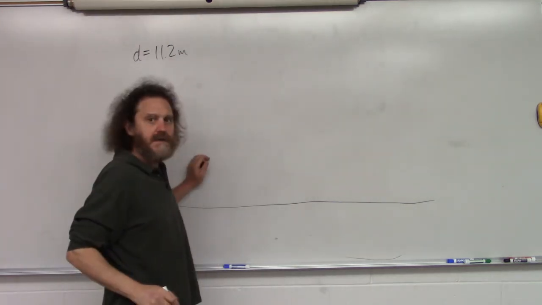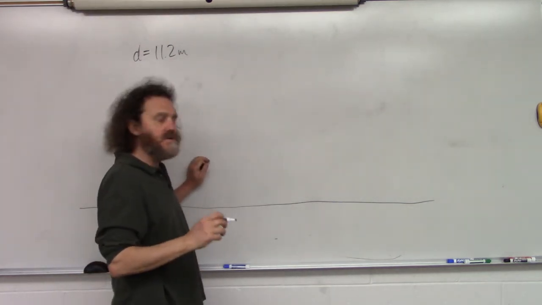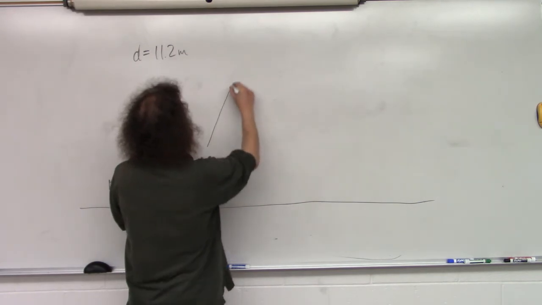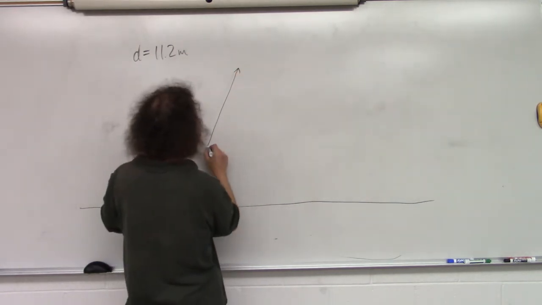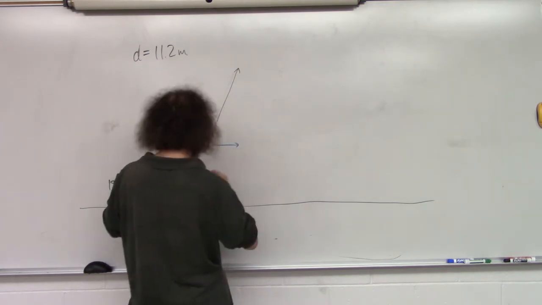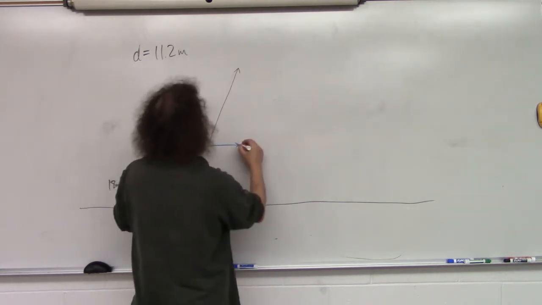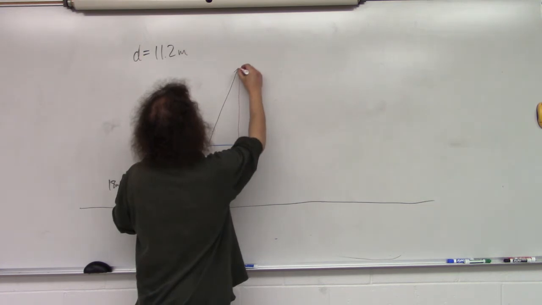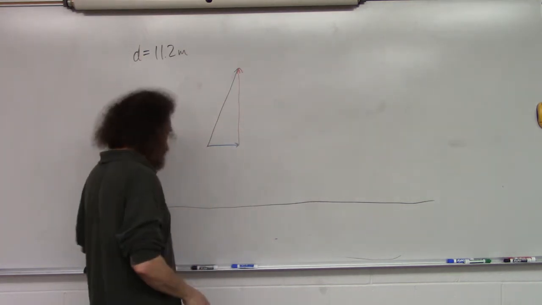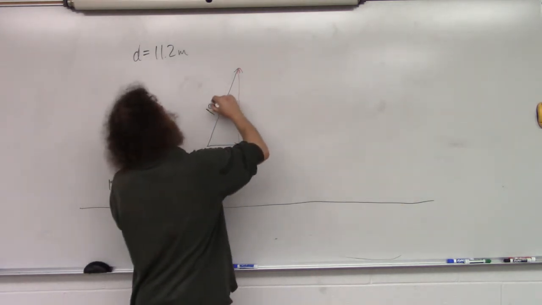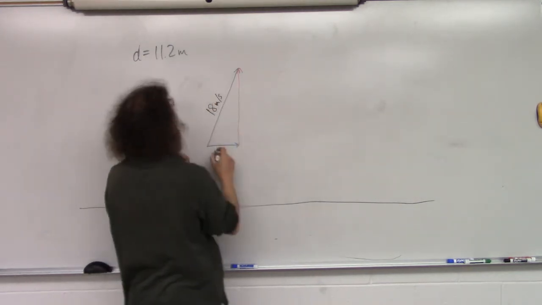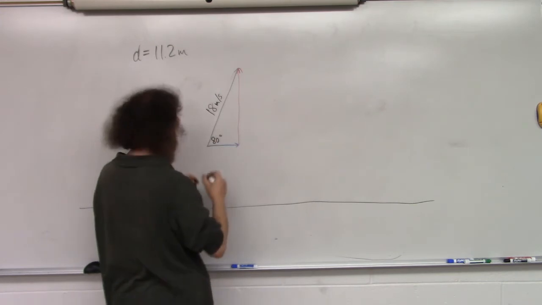To find the initial horizontal and vertical velocities, all I have to do is draw a right triangle. I won't explain why this works, but this is a way to visualize the relationship between the horizontal velocity, the vertical velocity, and the total velocity. This is 18 meters per second. This is 80 degrees.